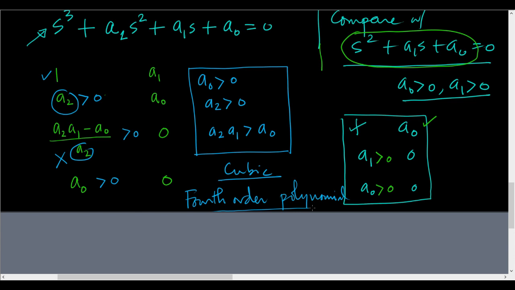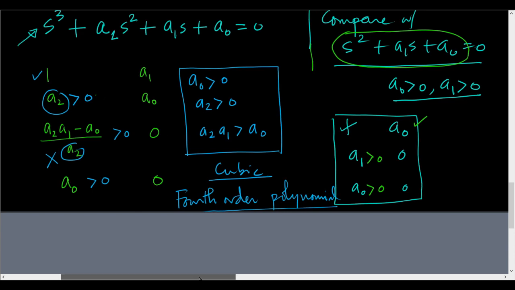Now consider this. Suppose I have s to the power 5 plus 3 s to the power 4 plus k s squared plus s plus k plus 3 equals 0.